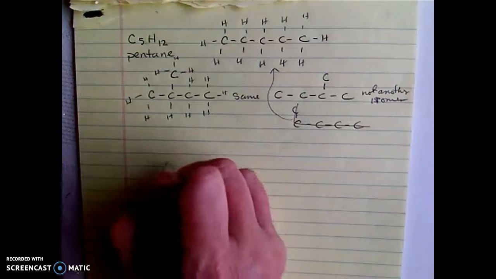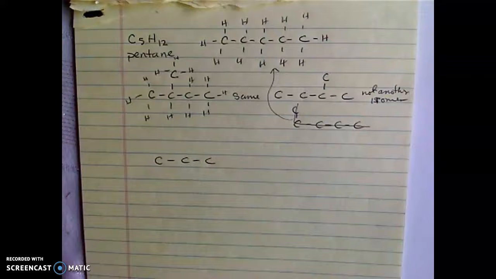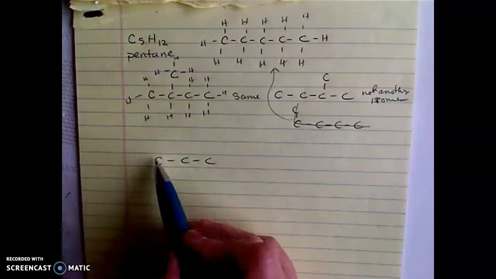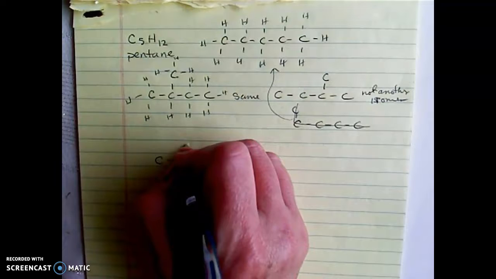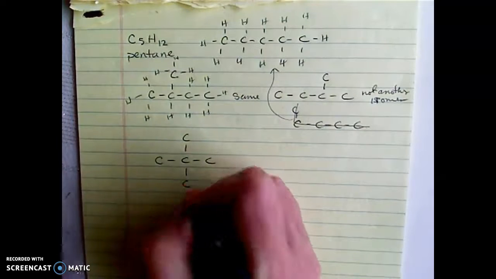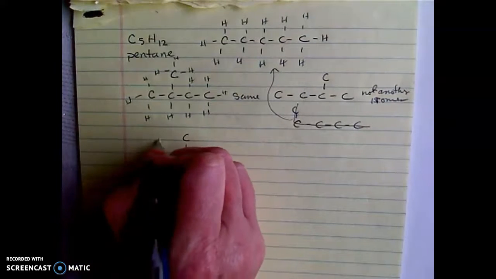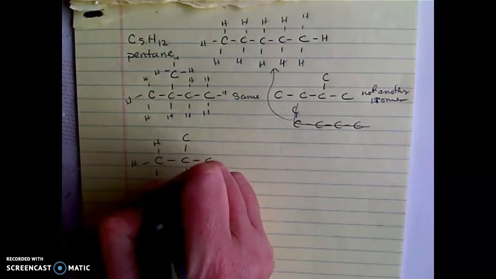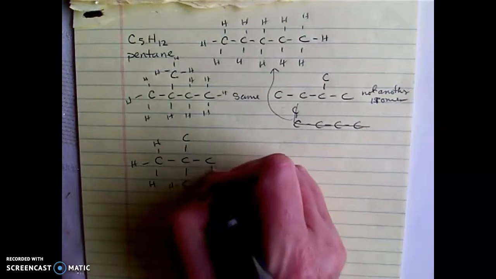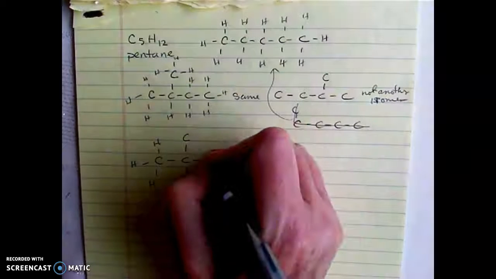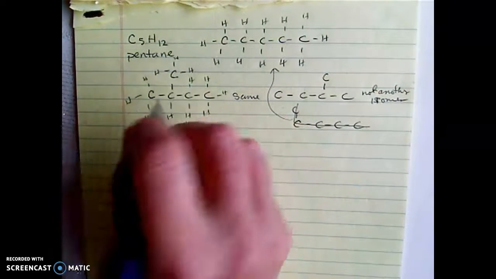Next, we're going to look at one with 3. 1, 2, 3. I still have 2 carbons. Where can they go? Well, they can't go on the end because we just saw all you did was bend it if you put it on the end. So you'd have to have one here, and you'd have to have one here. And then put in your hydrogens, and again, if you count, there's 3, 4, 5, 6, 7, 8, 9, 10, 11, 12.